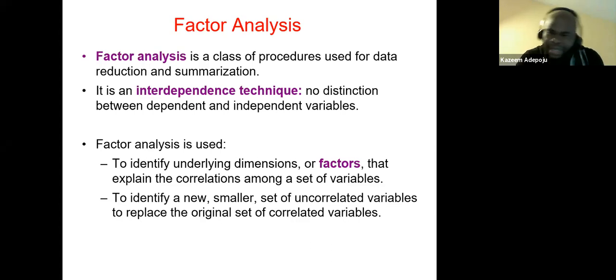Okay? And that is the reason why we said it's a class of procedure used for data reduction and summarization. The data sets that we collect from the field of inquiry are massive in nature. At times you collect across thousands of individuals, and you measure a lot of variables, like 5,000 variables.